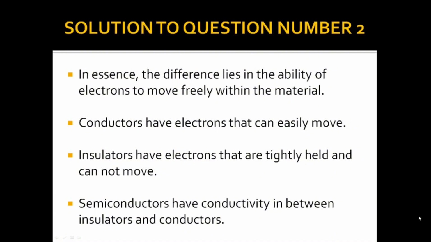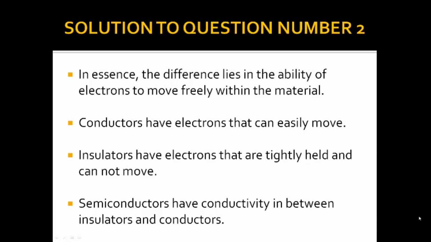Why do semiconductors have conductivity in between insulators and conductors? That means at a time, the electrons in semiconductors cannot move. But when energy is acquired, you see those electrons start moving, because semiconductors have two carriers, the electrons and the holes. The holes carry the positive charge while electrons carry the negative charge.